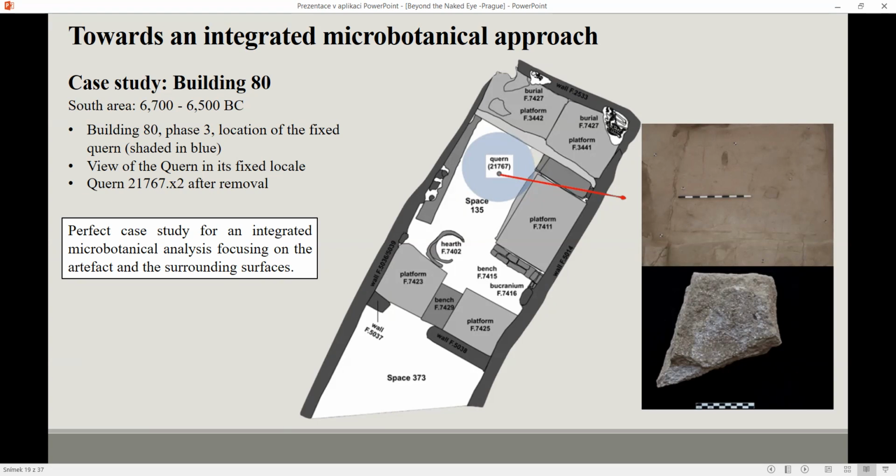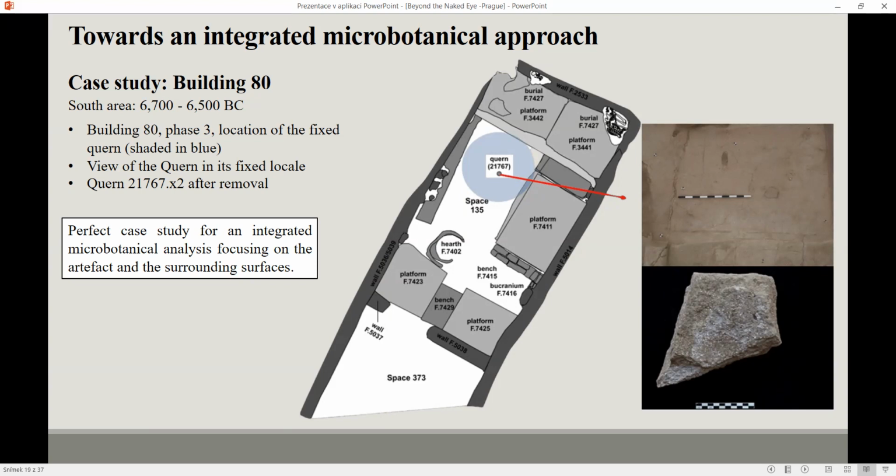Another interesting characteristic of this building is that it lacked an oven, like most of the houses at Çatalhöyük. The only combustion feature in this house was this hearth, which always brings the question of how the inhabitants of the house covered their food-related needs during the time there was no oven in this building, but when the grinding installation was in use.